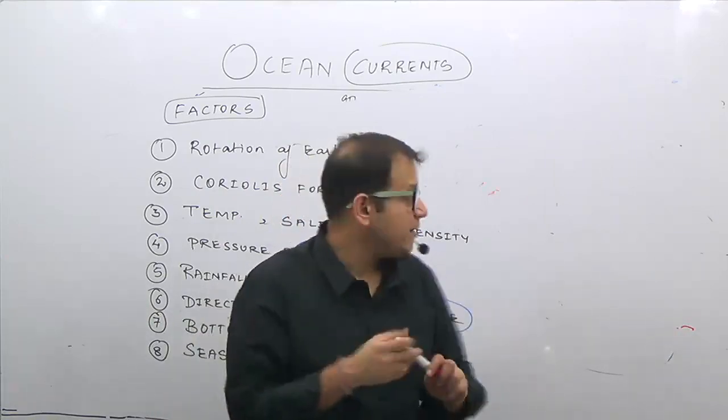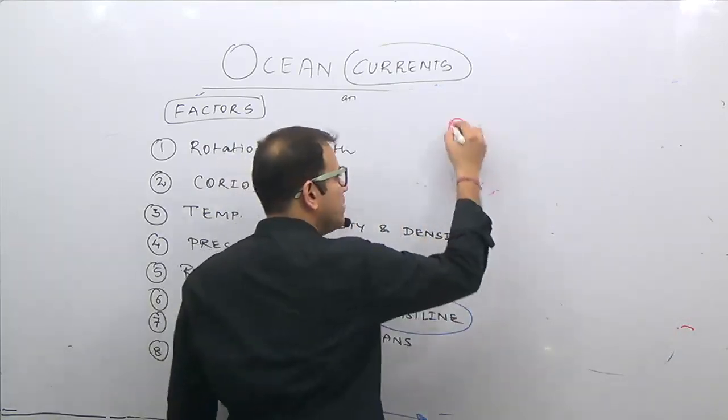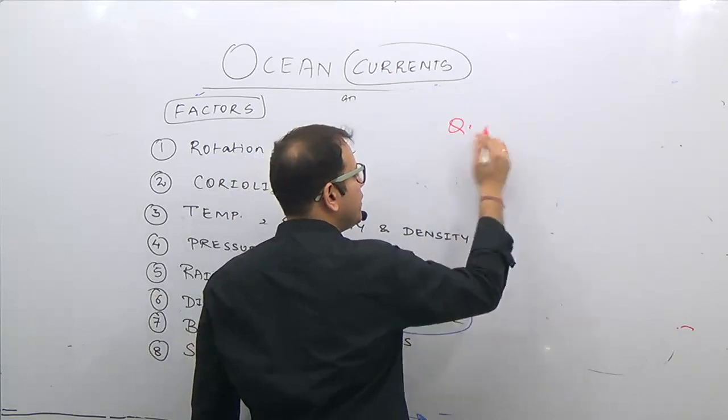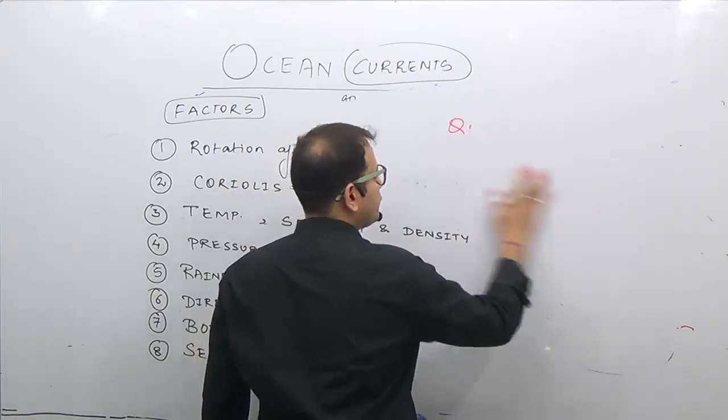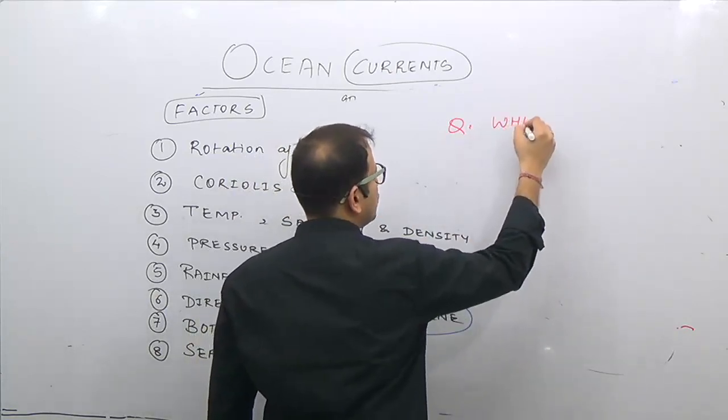Time for one assignment. A simple question in 200 words. What are ocean currents?